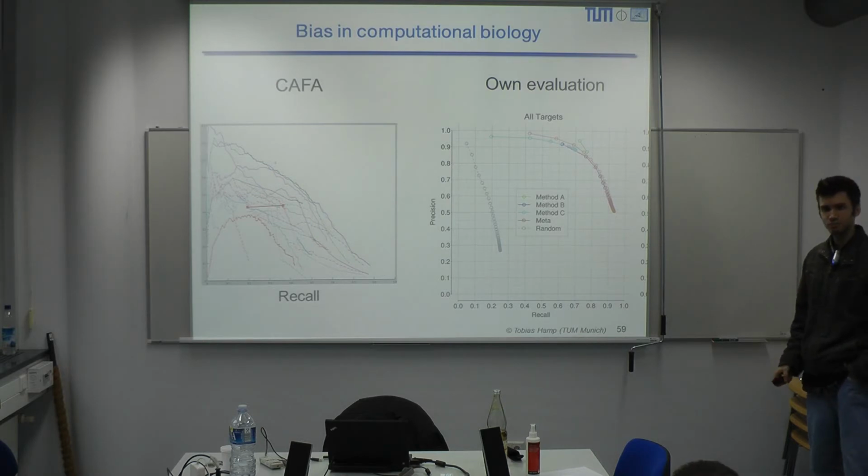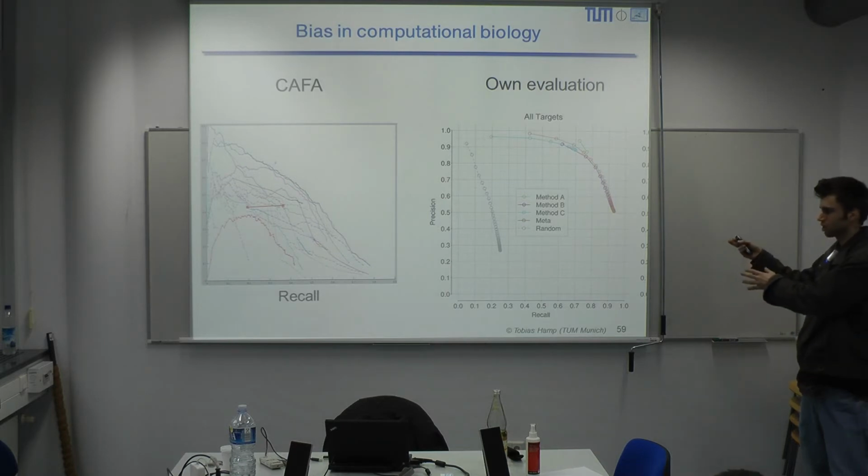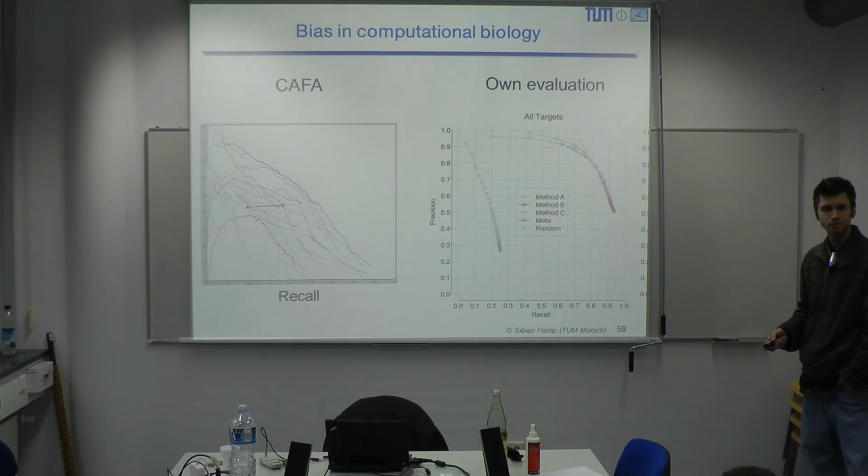We did not, but CAFA also didn't. As I have shown, if you look at the distribution of the sequence identities, you see that there is no redundancy reduction going on, because quite a few targets are quite similar to the ones that are already annotated. Do you follow a different target function? Following a different target function could make a difference.